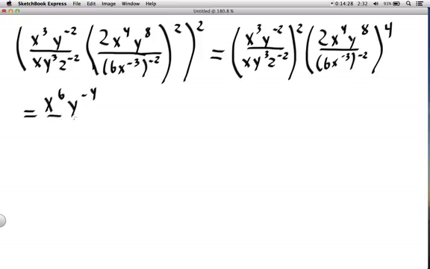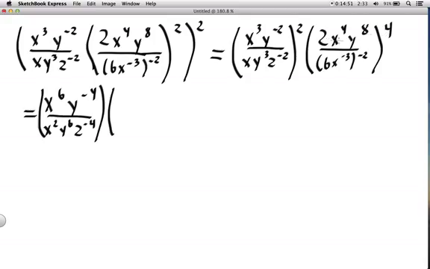Multiply all the exponents by 2. And now multiply everything here. Multiply all the exponents by 4.